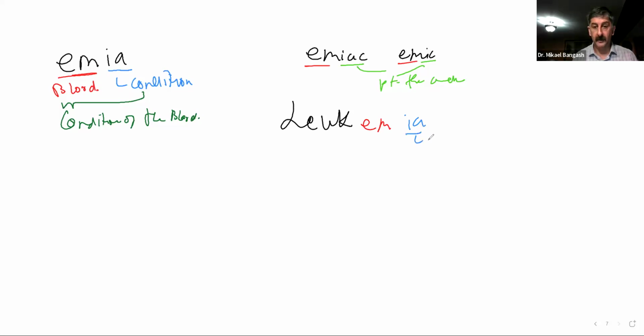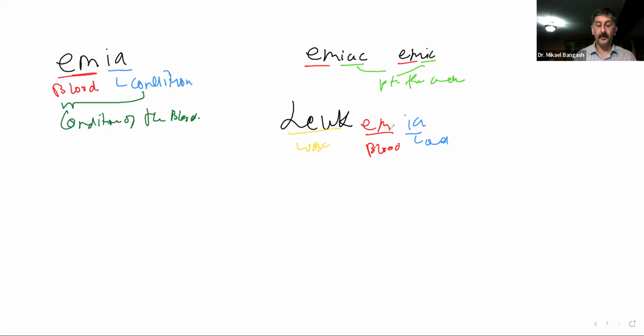So because it ends with emia, this becomes a condition of the blood. And in this case, this is going to affect all white blood cells.